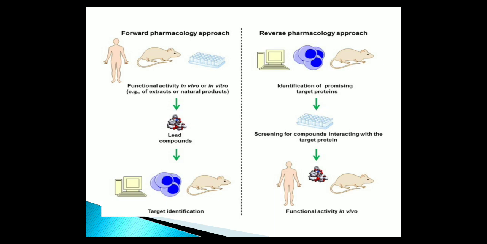But in reverse pharmacology, identification of promising target proteins is done by digital data, or from isolated molecules, and then screening for compounds interacting with the target protein is done, and from that the purified molecule is isolated, and functional activity in vivo is done.